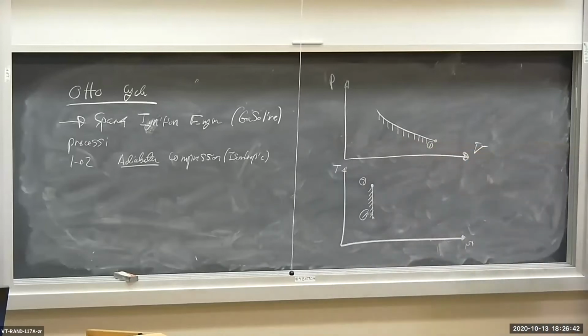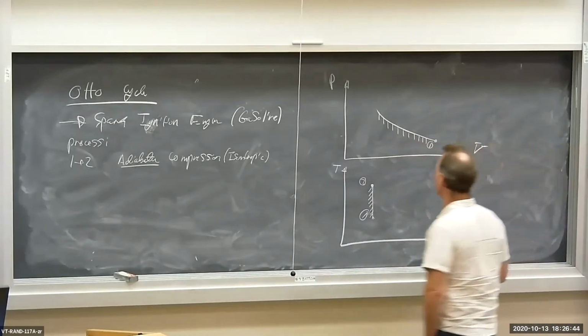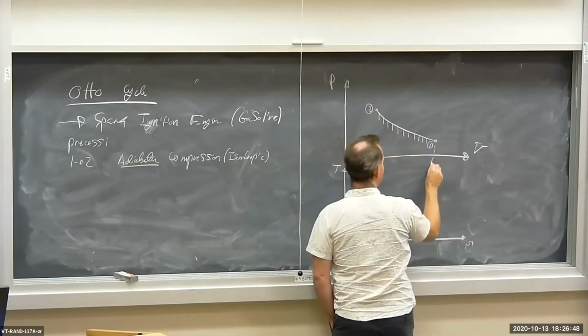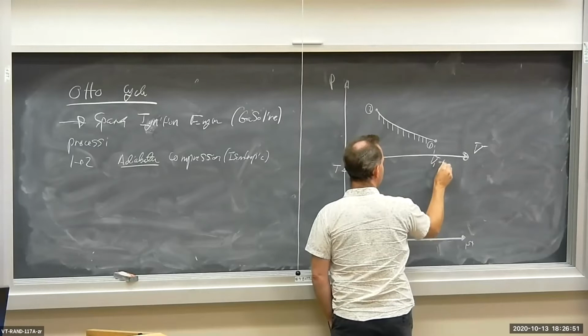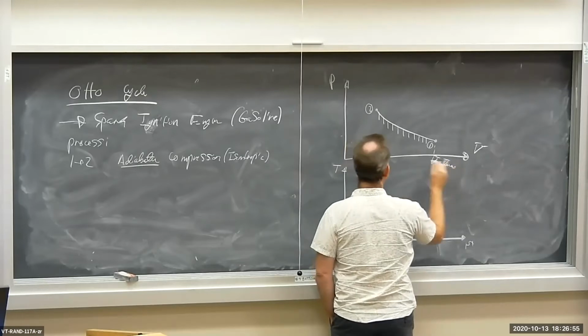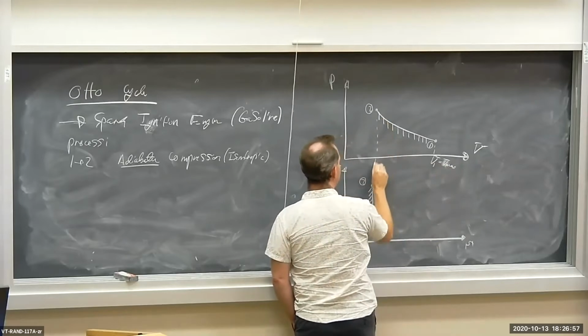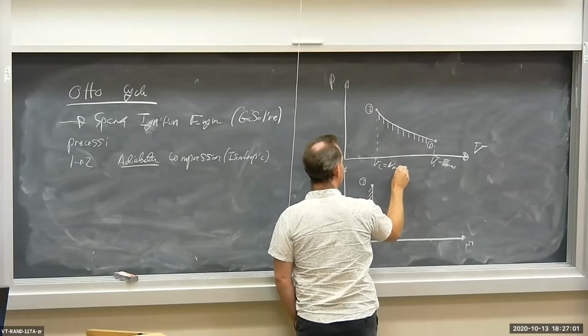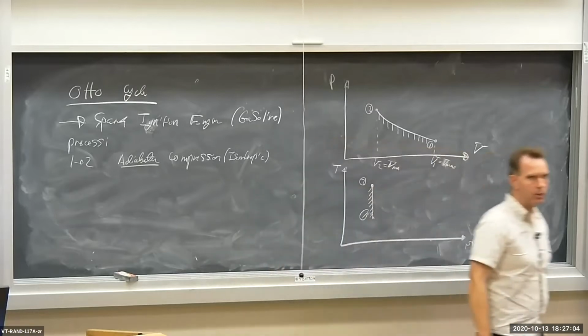Pressure goes up as volume goes down. So here's state 2. By the way, this is volume V1, which is the maximum volume in our cycle. And V2 is the minimum volume in our cycle. You'll see that in just a moment.